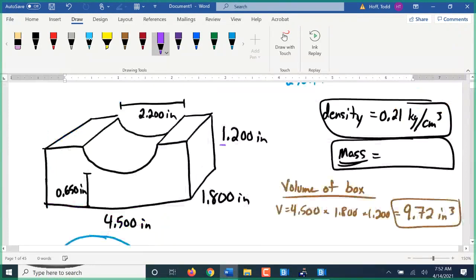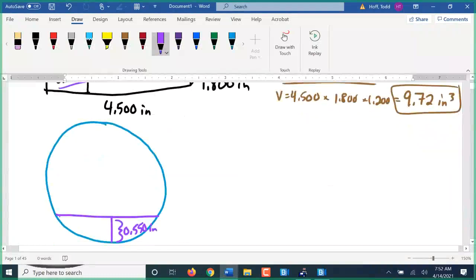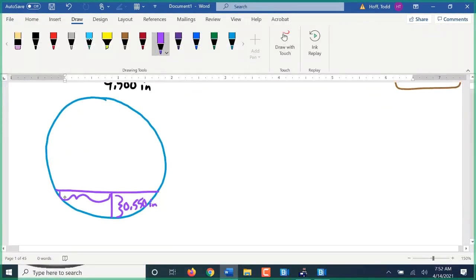That was just the whole depth of 1.2 minus that 0.65, right? And of course, going across here, each of these pieces is going to have a dimension of what? 1.1. Half of the 2.2.